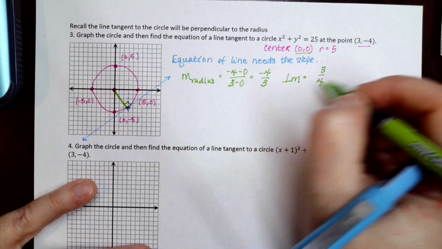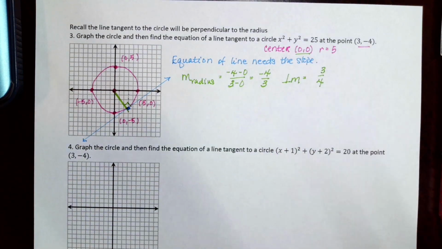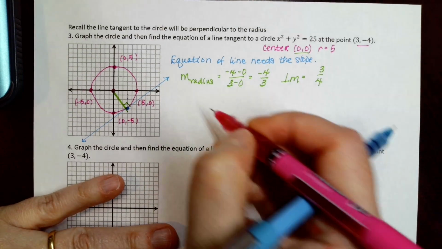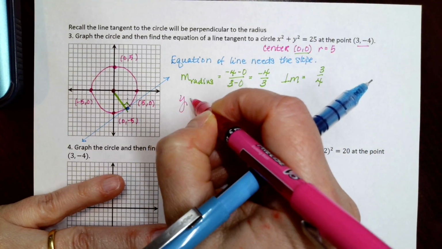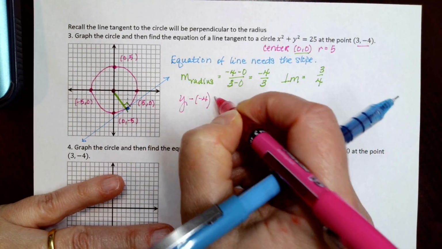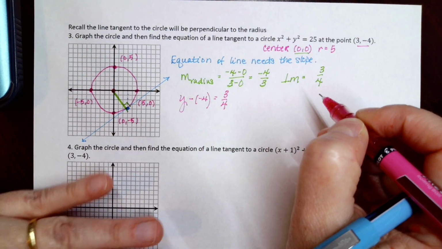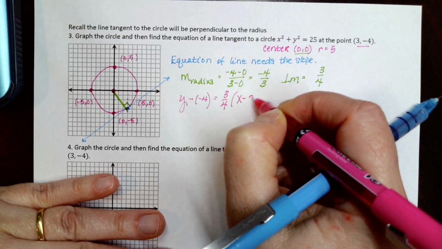Now I've got a slope and I've got a point. I think the easiest thing to do is point-slope form. You can plug it into y equals mx plus b and solve for b, but I think point-slope is a little bit easier. So y minus the y value equals my slope, the new one, the one of the line, times x minus the x value.